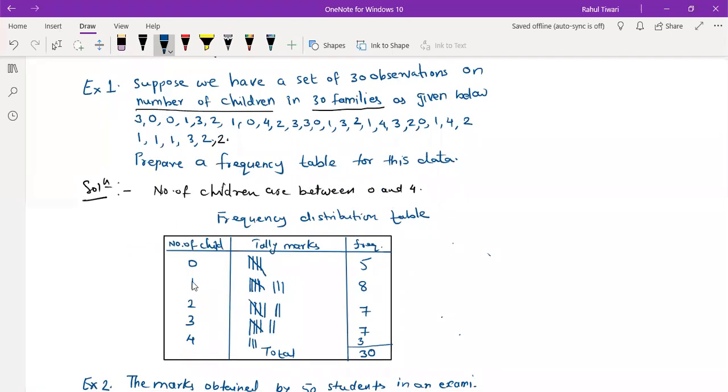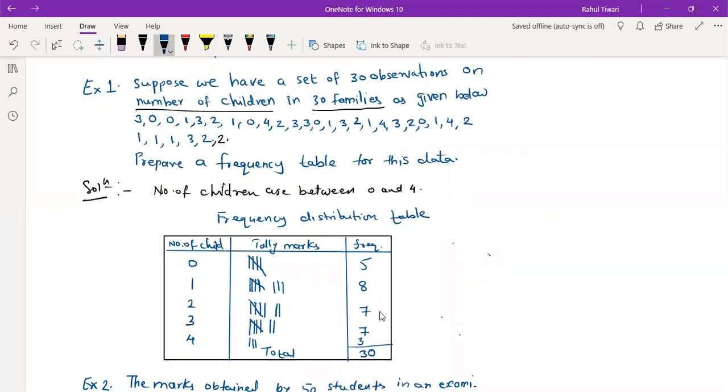We have number of children 0, and there are 5 families who do not have any children. There are 8 families who have one child.